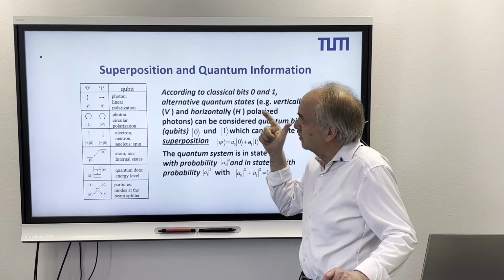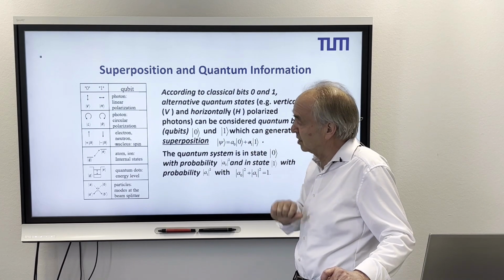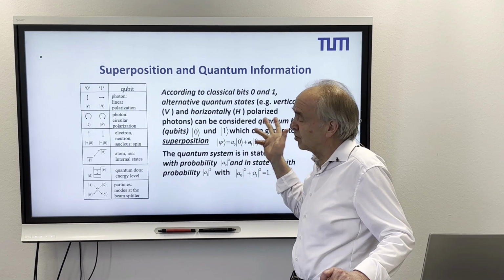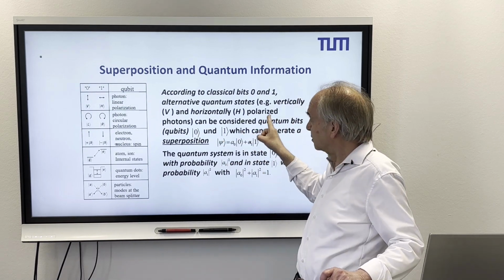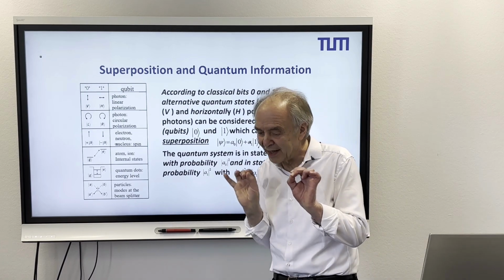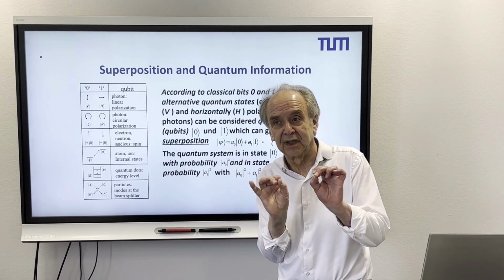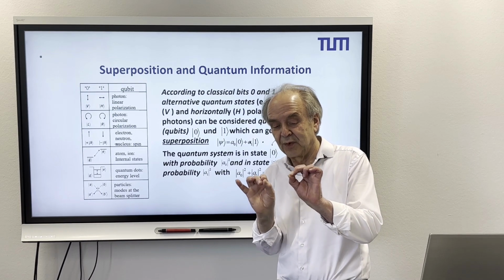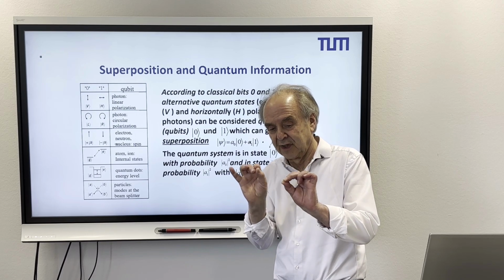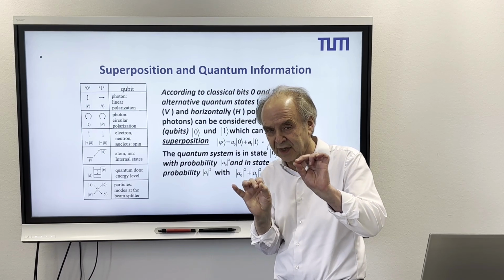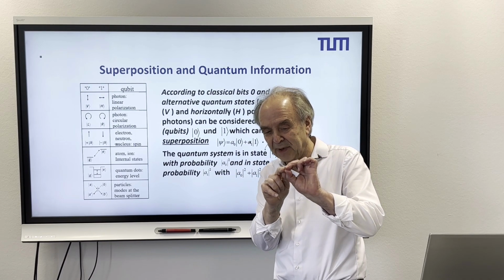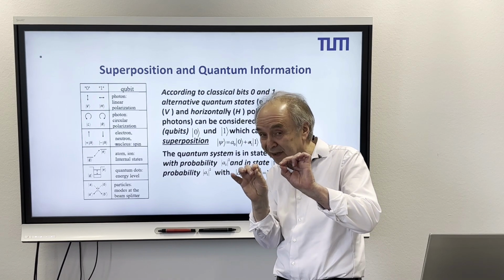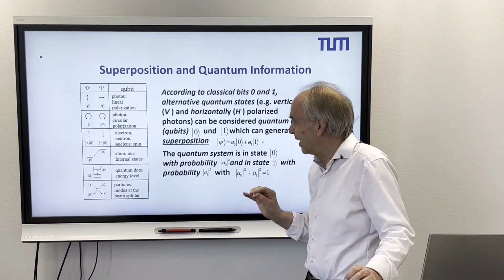And here we can distinguish the two states, namely vertical and horizontal polarized. And now superposition comes in. That means there is not only the situation of exclusive values, 0 and 1, but in a superposition, we can also consider all these degrees between 0 and 1.